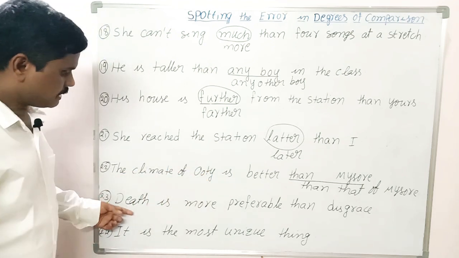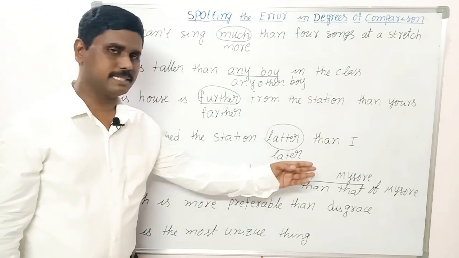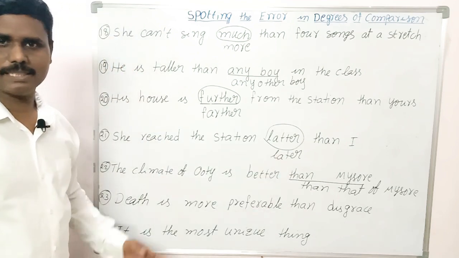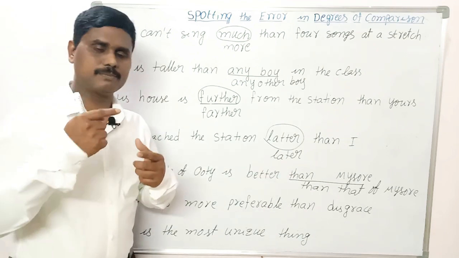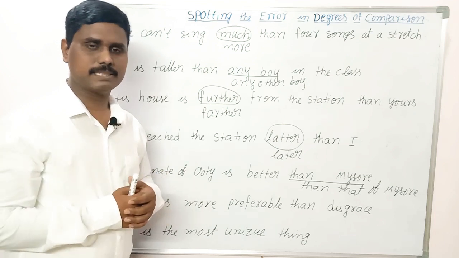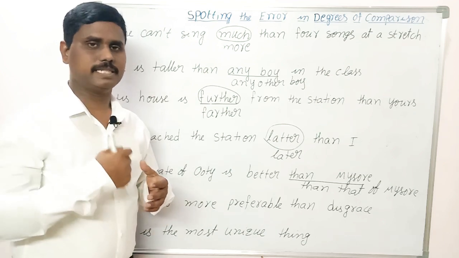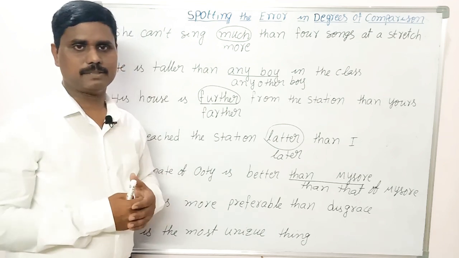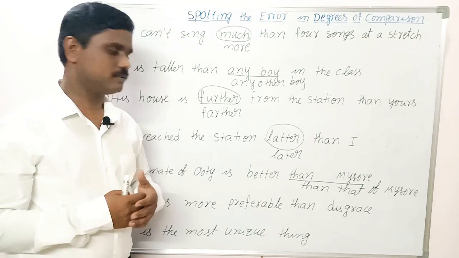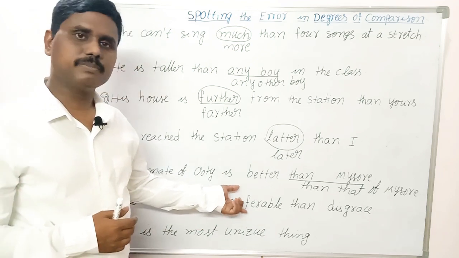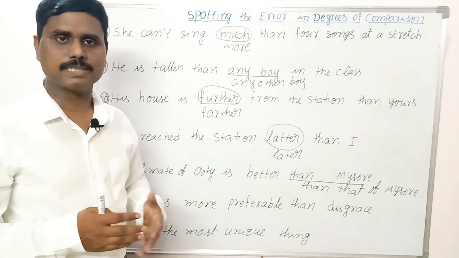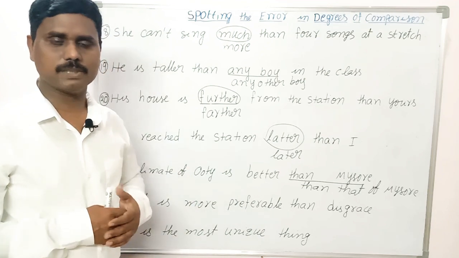Next sentence. Death is more preferable than disgrace. The sentence is wrong. Now I will explain one important concept. There are some adjectives in English that are always comparative, and some adjectives that are always superlative. For example, preferable. You should not say more preferable or most preferable.